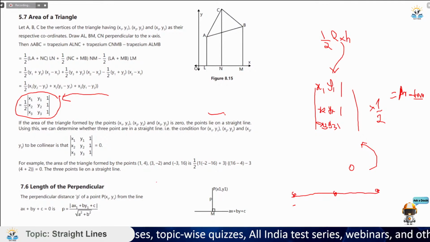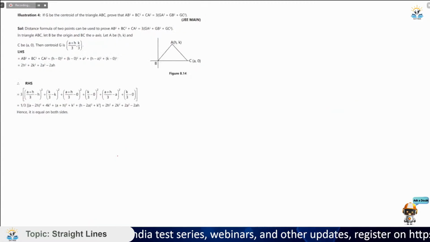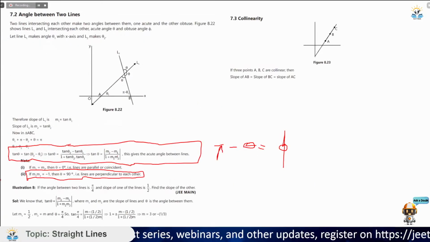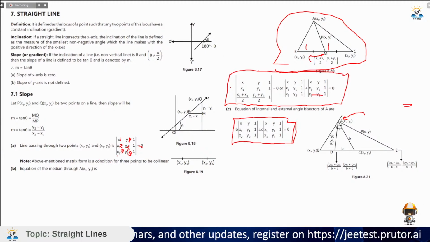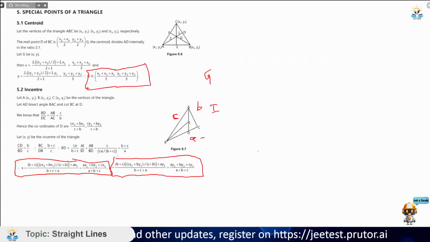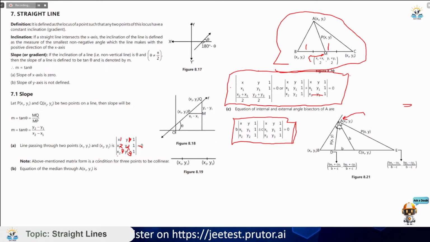This is another condition of collinearity. The first condition was the intercept condition for collinear points.